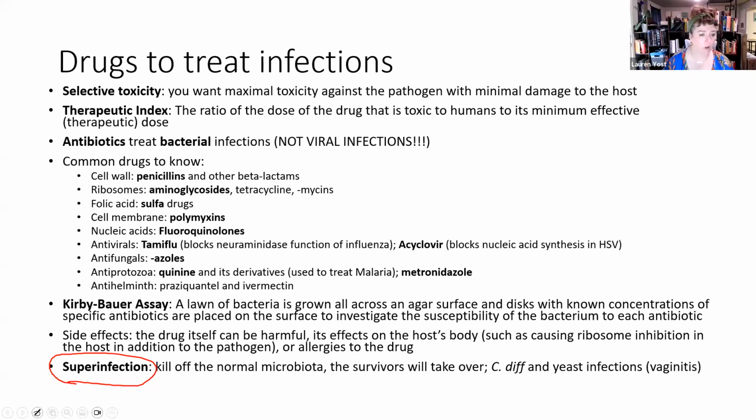Okay. Common drugs to know for the antibiotics. Remember, we can target production of the cell wall, protein production, the folic acid synthesis pathway, cell membrane structure, and nucleic acids. So these are the 5 categories that can be affected by antibiotics, treating bacterial infections.